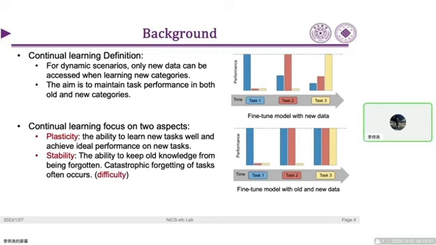The first is plasticity, the ability to learn new tasks well and achieve ideal performance on them. The second is stability, the ability to keep old knowledge from being forgotten, which is often caused by catastrophic forgetting and is very difficult to avoid.